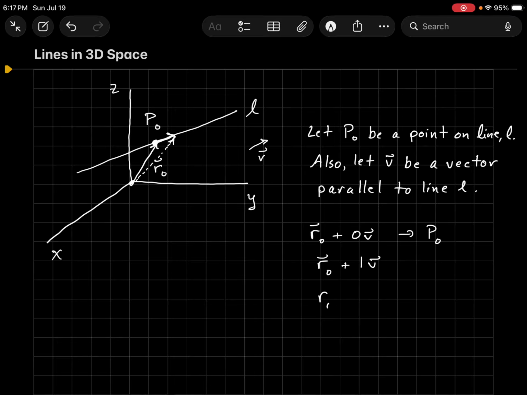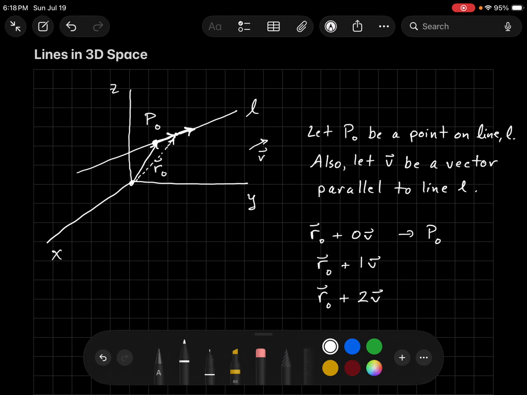And if I wanted to draw the vector r naught plus 2v, so I have 1v, then I'm going to draw another v right at the end of the first v. Let me change those colors, see if red will show up. So here's my 1v, and here's my 2v.